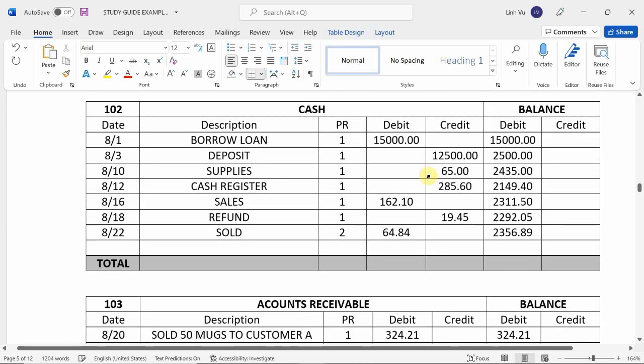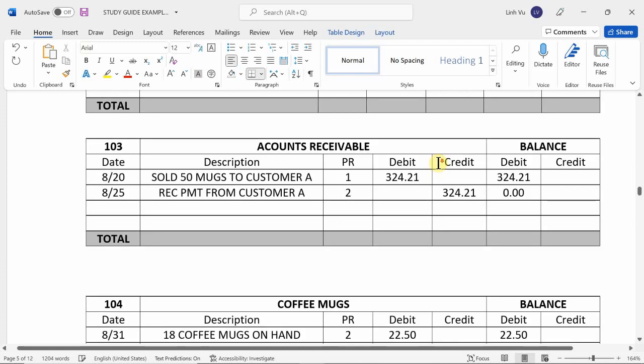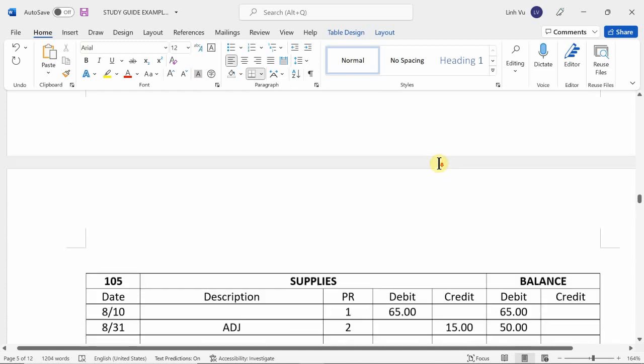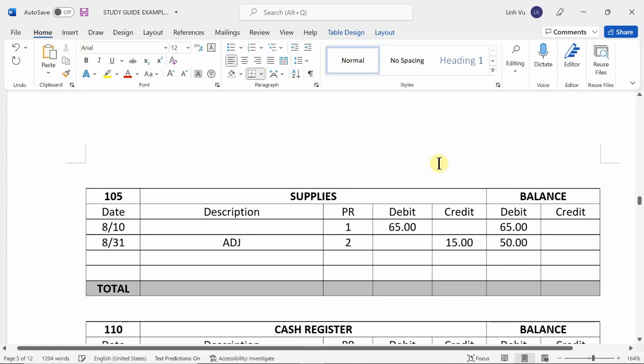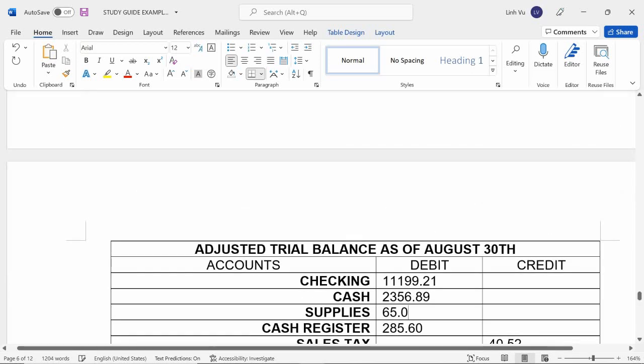And cash is still at $2,356.89. That we haven't touched. The accounts receivable, there is nothing there. What we did add are coffee mugs for $22.50. And our supplies, we adjusted them by 15.